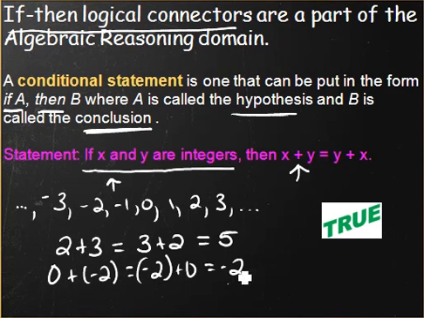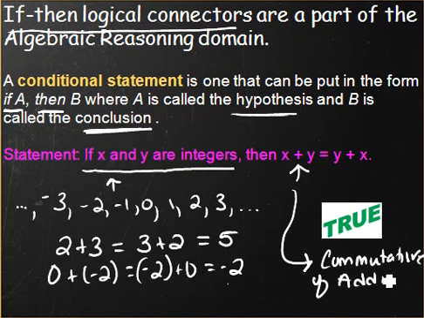And indeed it is. It is negative 2. In order to determine if the statement is true using inductive reasoning, we would have to check an infinite number of examples. But we would notice that this rule is really just the commutative property of addition. Therefore, it is always true.